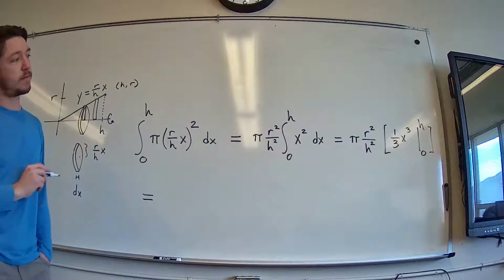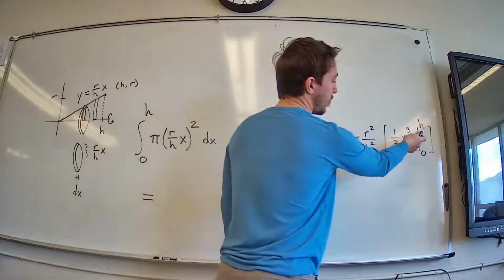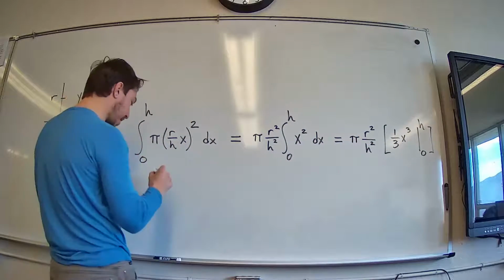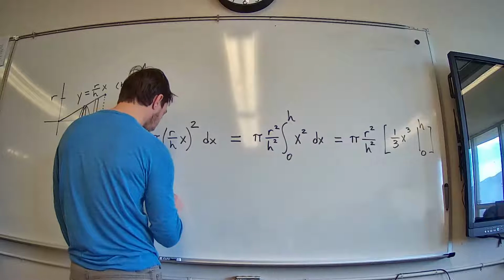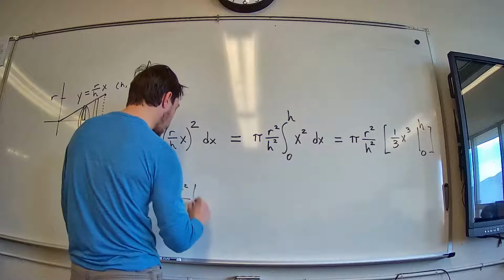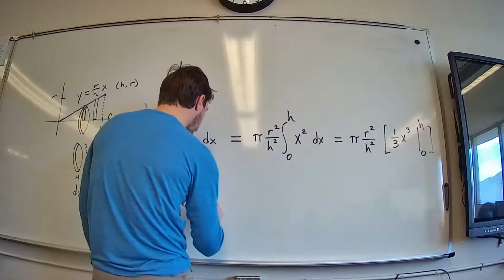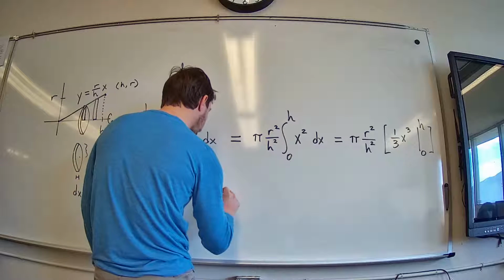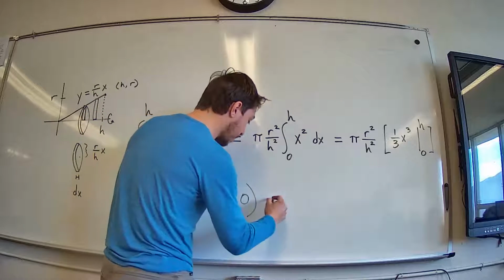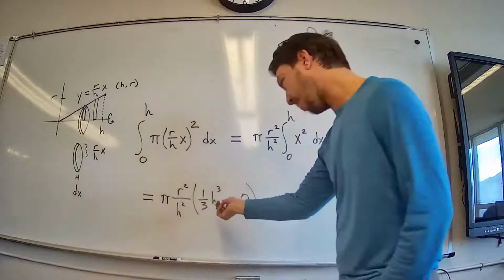All right, now, again, don't be afraid. h is just a constant. You just plug it in. So what happens when you plug in h? It becomes one third h cubed, minus 0. And so what's going to happen here?